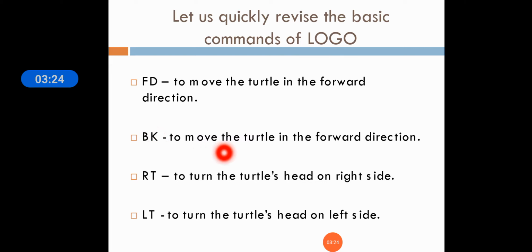BK, to move the turtle in the backward direction. RT, to turn the turtle's head to the right side. LT, to turn the turtle's head to the left side. So FD means forward command, BK means backward command, RT means right turn command, and LT means left turn command.